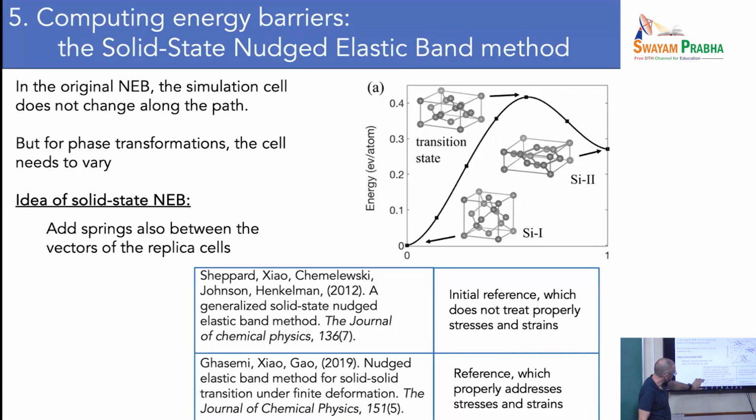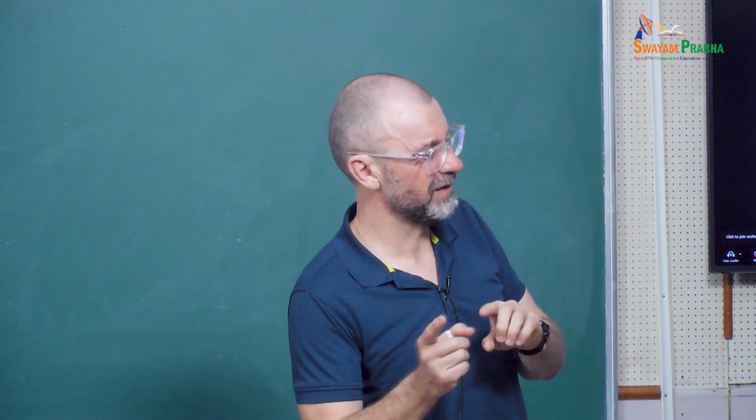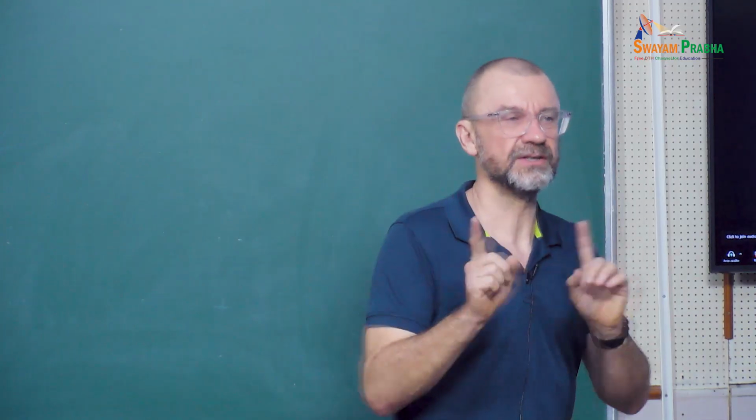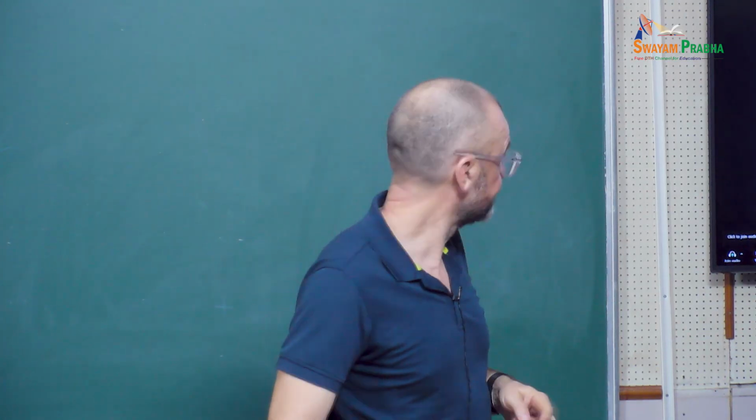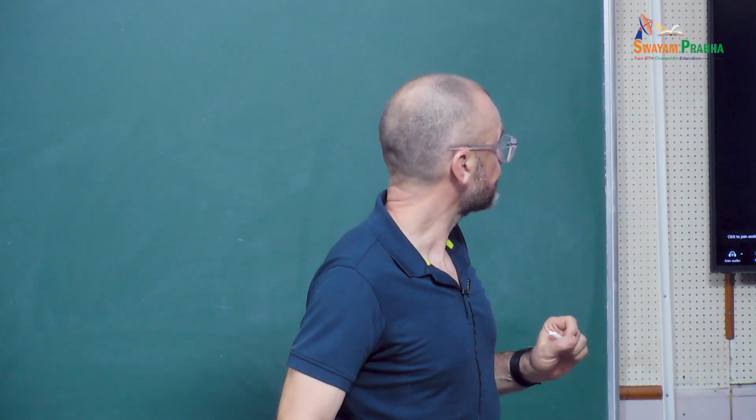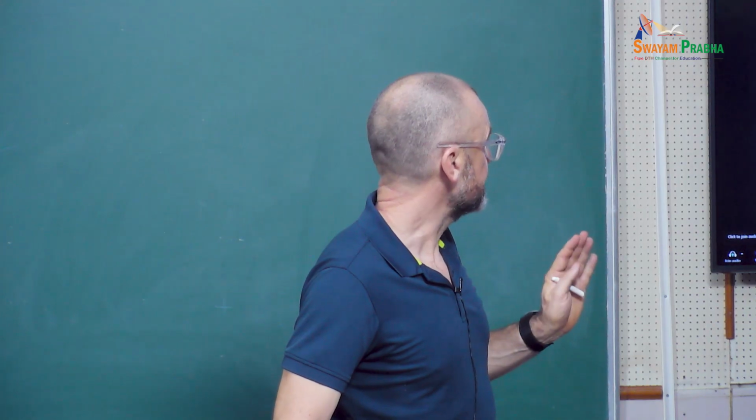Then there is this other version of the SSNEB where they have properly addressed this, using the second Piola-Kirchhoff stress and the displacement gradient or something. So they used a strain and a stress measure that are conjugate to one another. Okay, this was for the SSNEB.